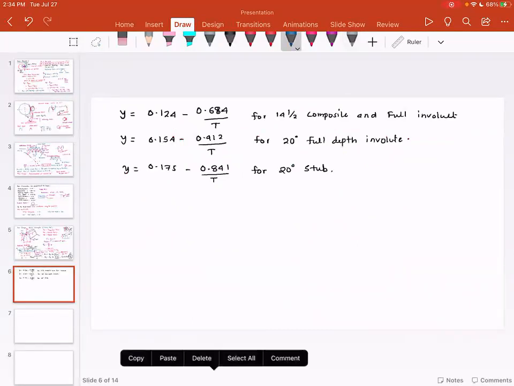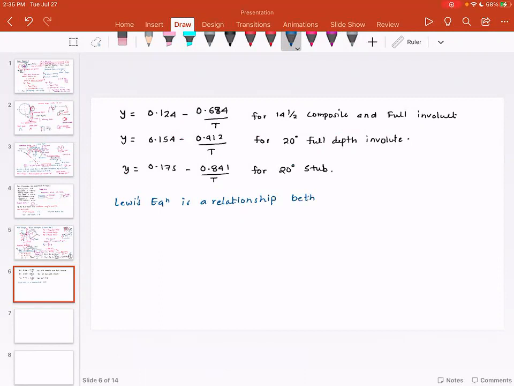So Lewis's equation is a relationship between force and stress, multiplied by a correction factor.